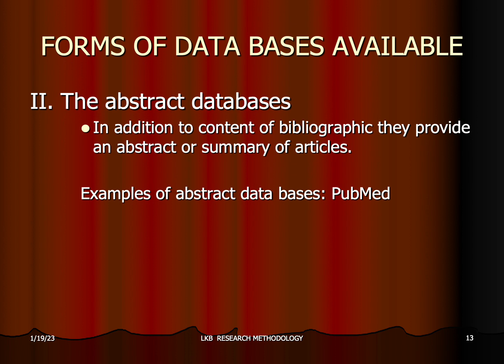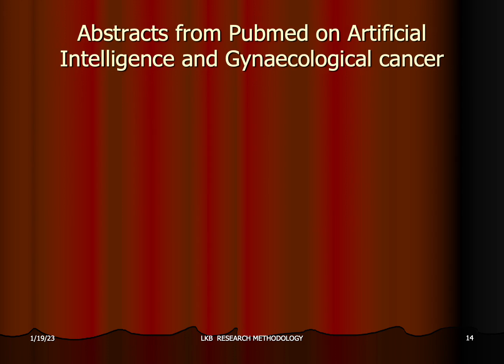An example of an online abstract database is PubMed, which has a collection of abstracts in medical research. That is one thing we'll be utilizing a lot in our course.